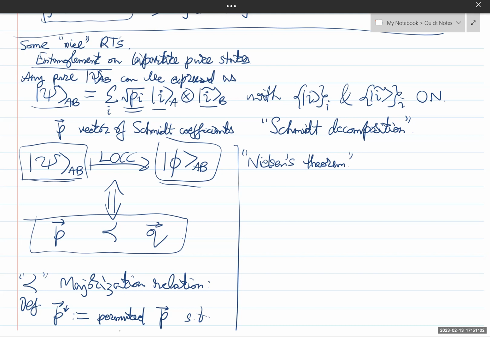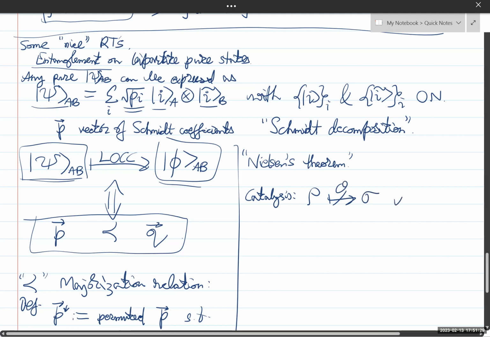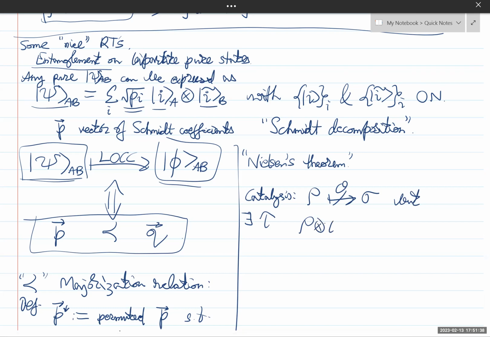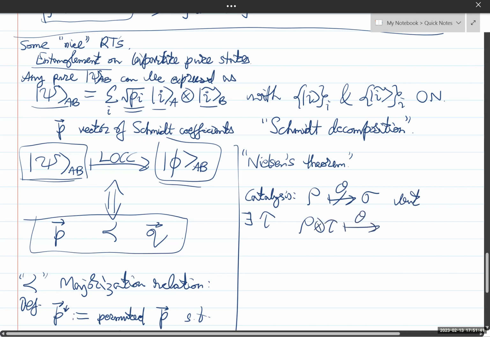This includes so-called catalysis, where the question is whether, I will talk about catalysis in a future session, but just informally, catalysis is something where if there is no free operation taking rho to sigma, but there exists some third state tau such that rho tensor tau can be taken by a free operation to sigma tensor tau, right?